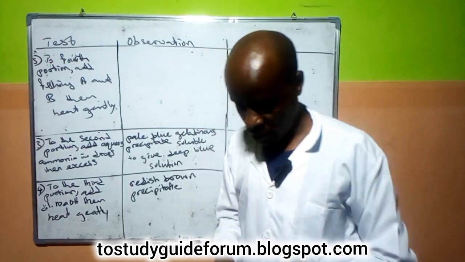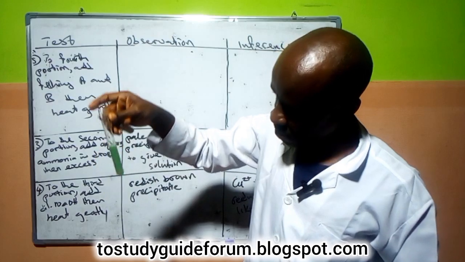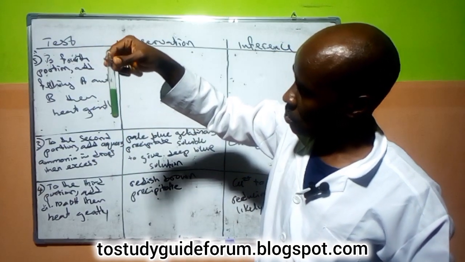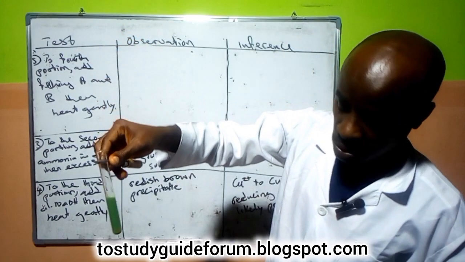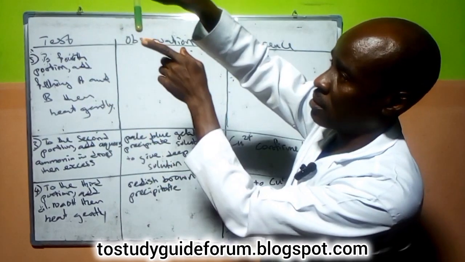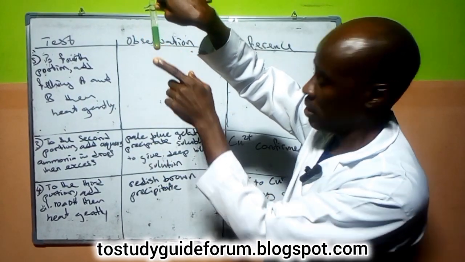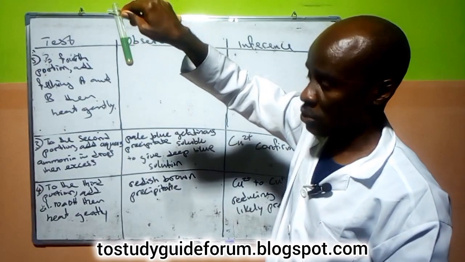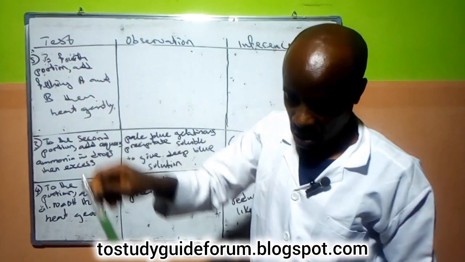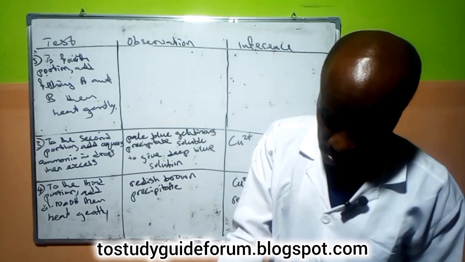I'll try to add more of it. Maybe I was thinking that I will not add too much. But you can see that the color here already is reddish brown. We're getting a kind of red brownish color.